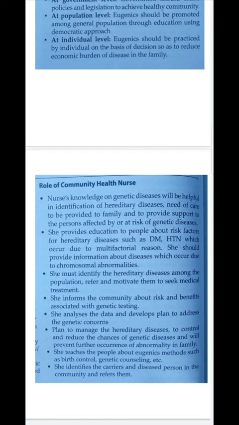She will give information to the family about hereditary and genetic disease, and by this she can decrease the abnormality in the family. She teaches people about eugenics methods such as birth control and genetic counseling. And lastly, she identifies the carriers and diseased persons in the community and refers them to the hospital.